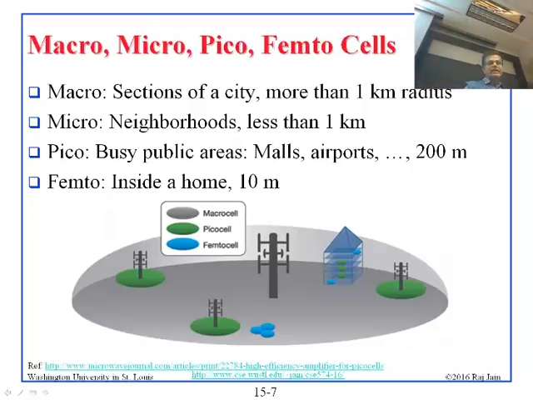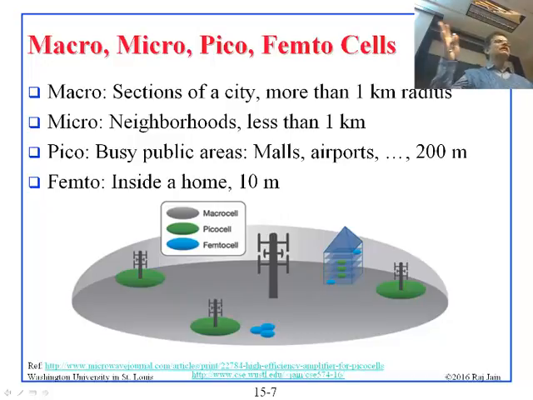So now, actually it turns out the cells are no longer hexagonal. Frequency division will come later, but basically the size of the cells could be macro, micro, pico or femto.